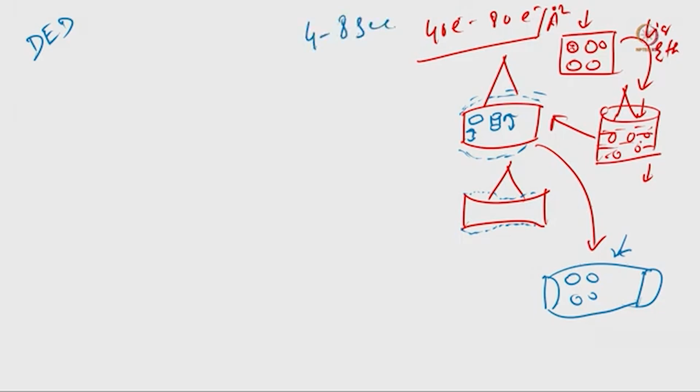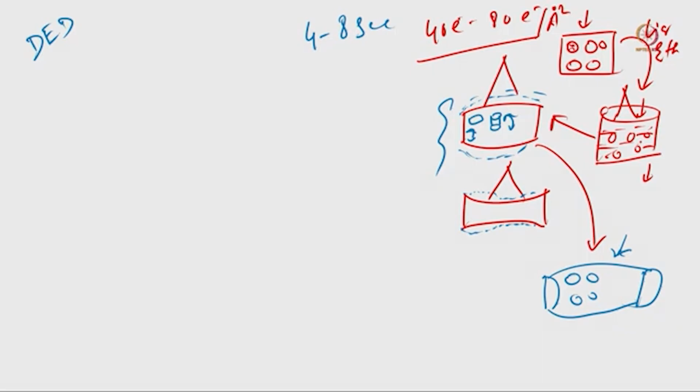In some cases we use a longer exposure. Longer exposure means this kind of drift will be much higher. So that is one of the reasons we use a shorter exposure time and more electron dose, which may be better. If we use a longer exposure, say 60 seconds, this kind of drift or problem will be much more.